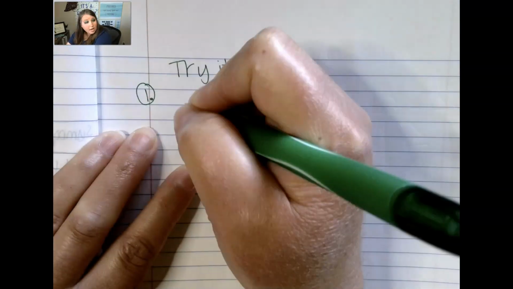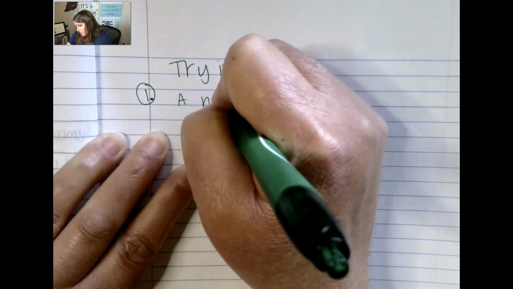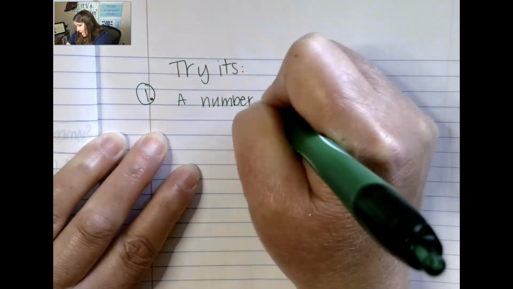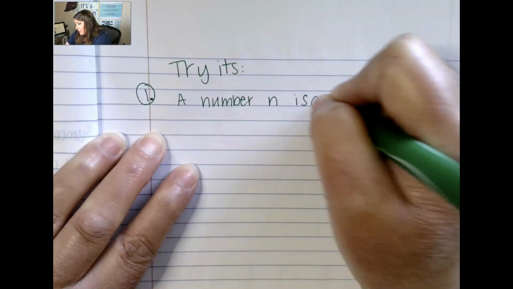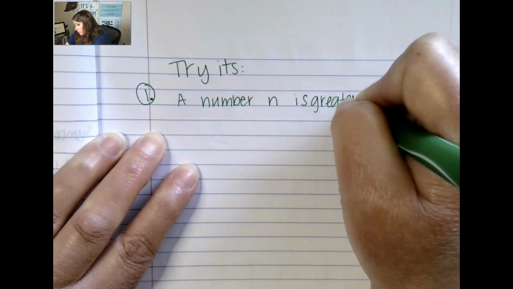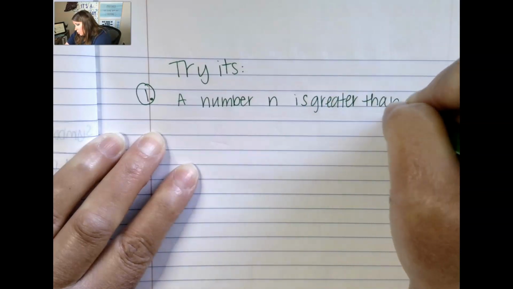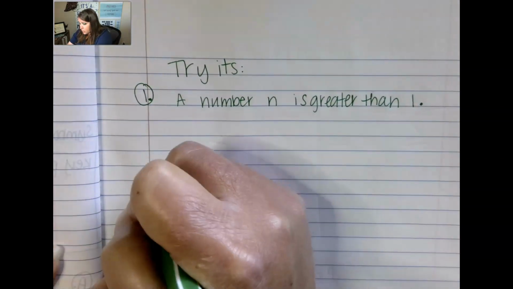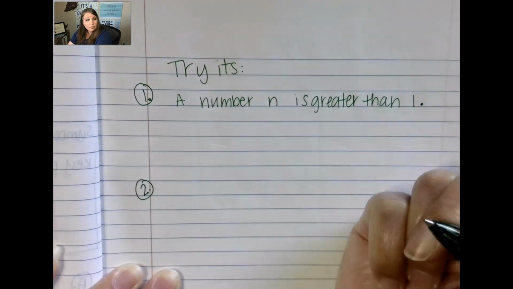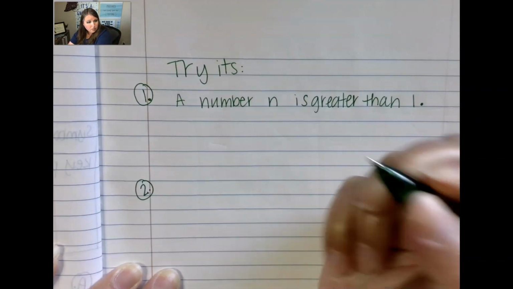So try-it number 1 says, a number n is greater than 1. That's your first one. Number 2. Okay, try it number 2.